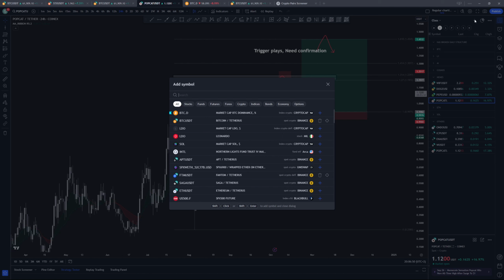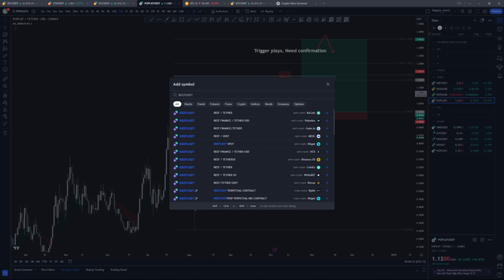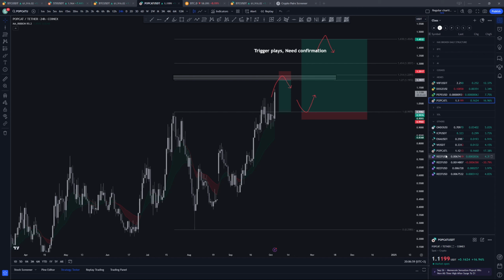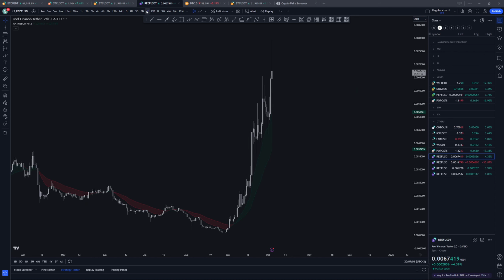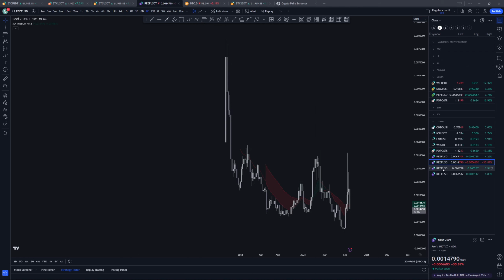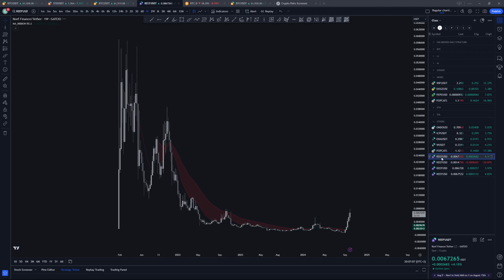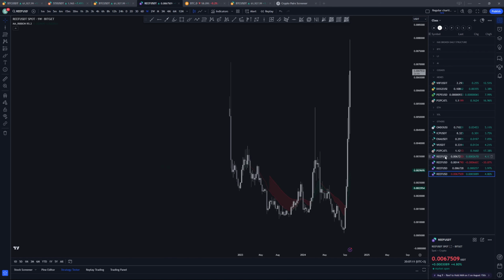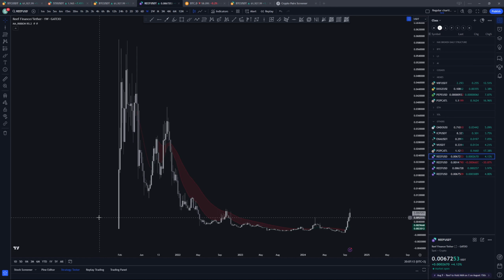Okay, let's see if we can get the oldest chart. Gate, Maxi, Qcoin, and Bitget. Either of those usually has the oldest chart. What on earth is that doing? Okay, February. Wait, what February is that? Yeah, I think it's that one.